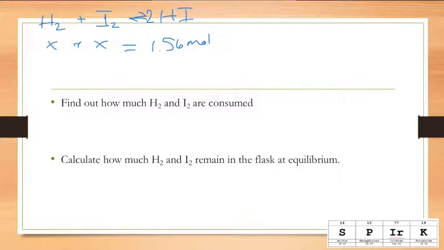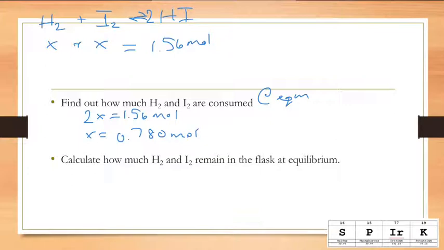So we know that this is at equilibrium because we're trying to figure out how much is consumed. So let's write at equilibrium. So we can solve this equation. 2x equals 1.56 moles. So x equals 0.780 moles.